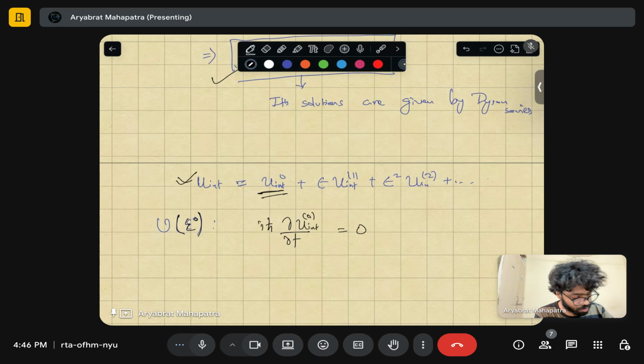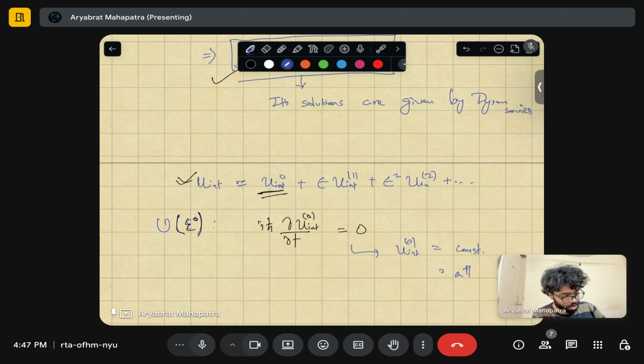Now if you solve for this u int 0, the solution is some constant, which is basically some identity operator, let's say a times the identity operator.